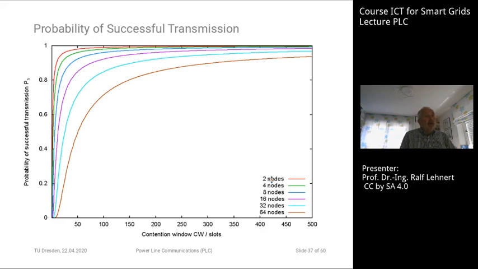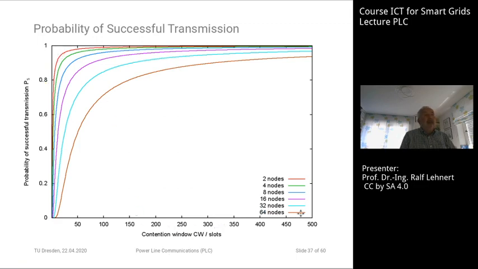So a small system with 2 nodes of course has quite a small probability of collision. That means if the contention window has a certain size, then the collision probability is small, and therefore the probability of successful transmission is high, even in the case of smaller contention windows.